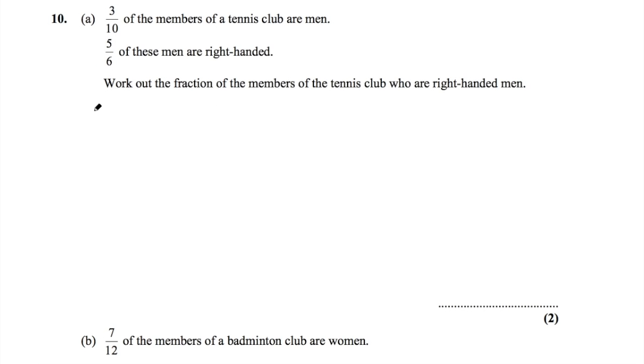So when you have fractions and you're saying something like, let's say we had 10 people and we want half of those, we'd say a half of 10, in other words, 10 times a half. So when you say a fraction of something, you multiply those fractions. So you've got 3 out of 10 multiplied by 5 over 6 here. And we can do some cancelling.